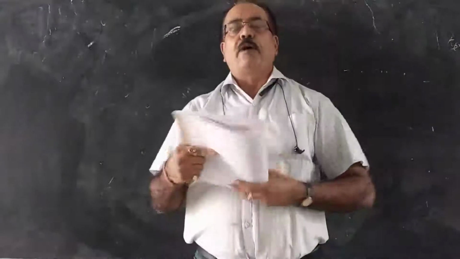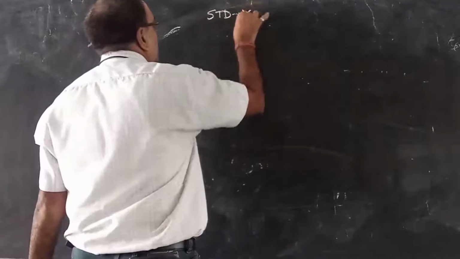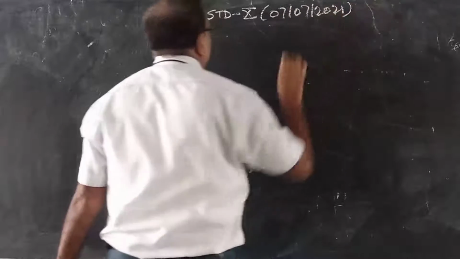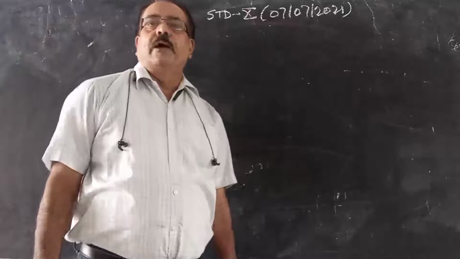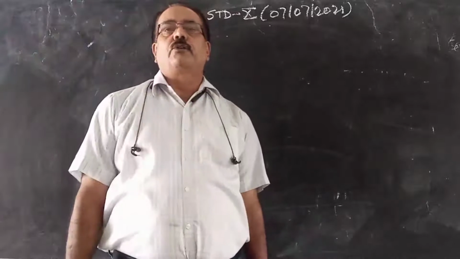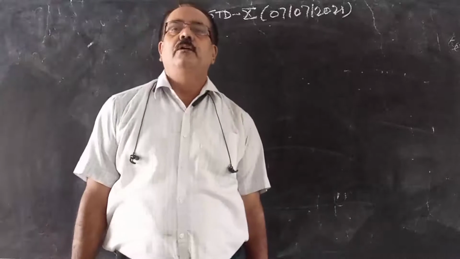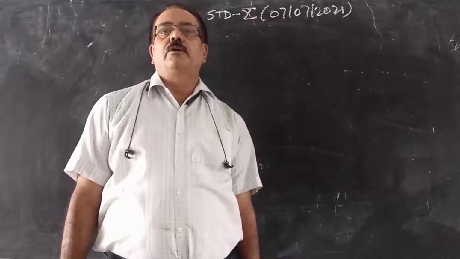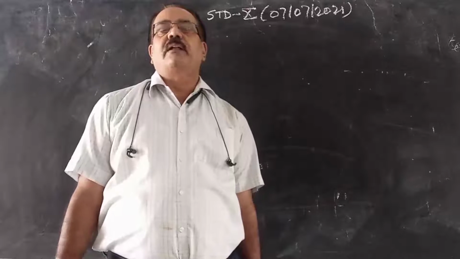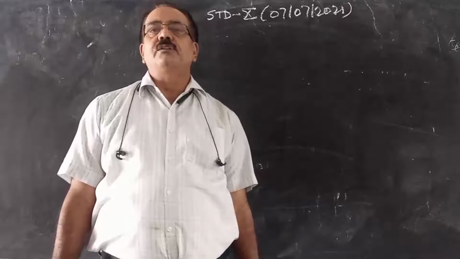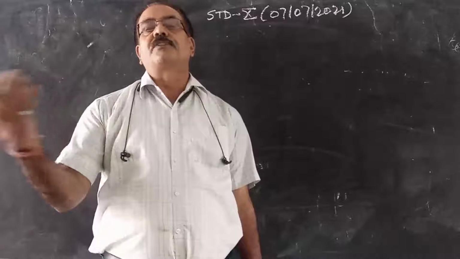Today I am going to solve some more questions from exercise 12.2. We will use the three forms: y = mx + c, second y - y1 = m(x - x1), and third y - y1 = (y2 - y1)/(x2 - x1) (x - x1). Also the parallel condition: two lines are parallel when their slopes are equal.